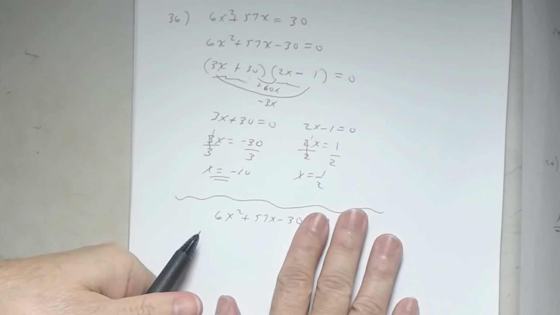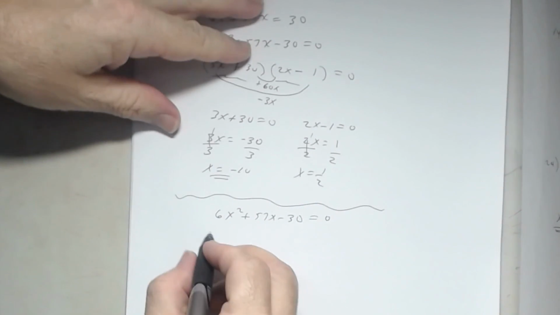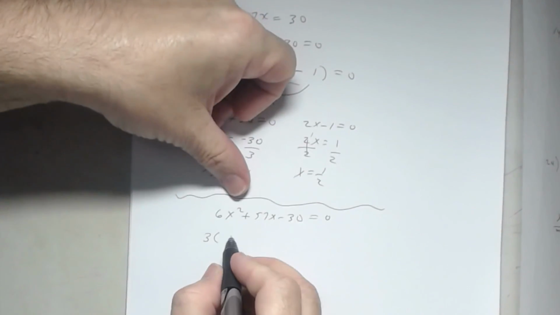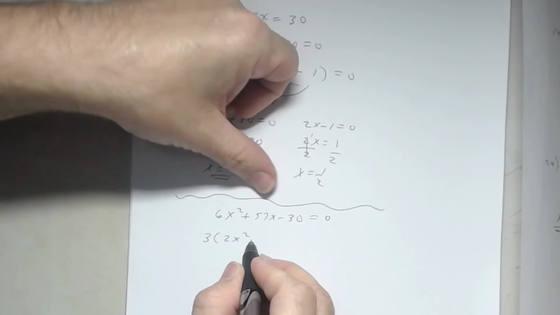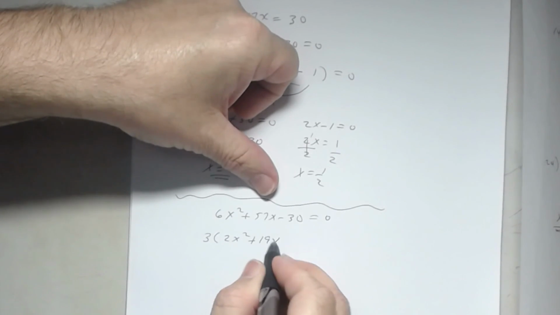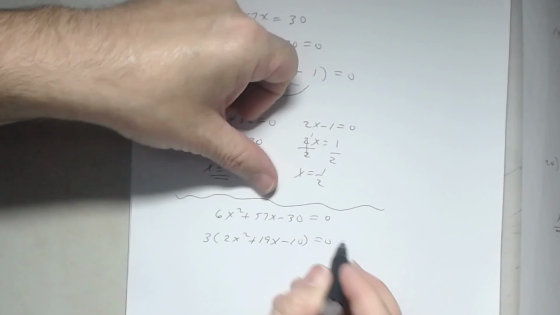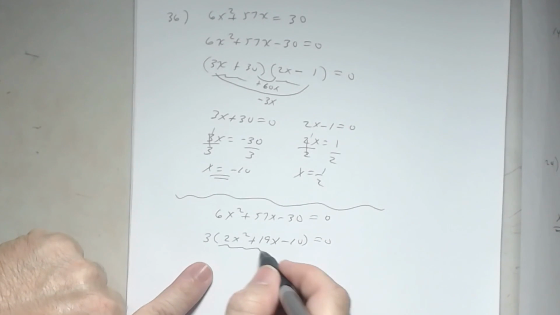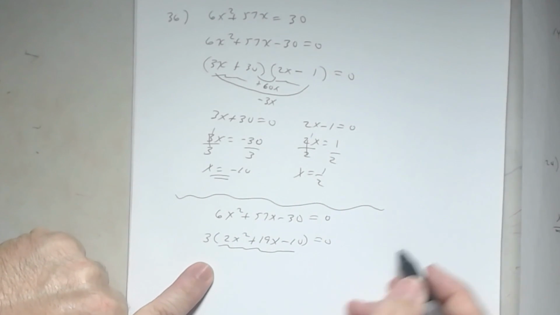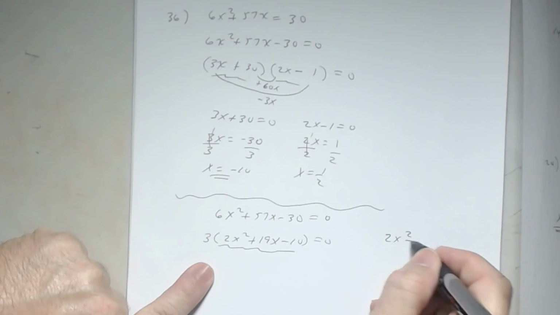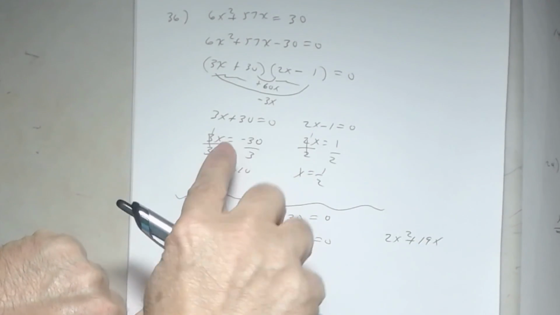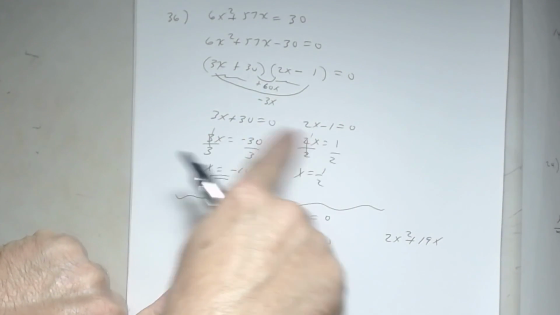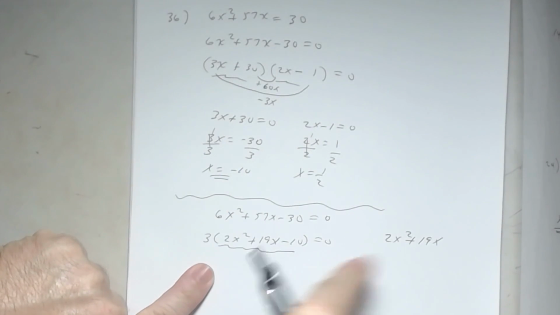So I could have taken out a 3 to begin with. So I would get 3 times, and then what would this be? 2x squared plus 19x minus 10. Then I go off to the side and see if I can factor this trinomial further. You can't. Yeah, you can. What's the 19? Because we did it here, so you should be able to do it here.